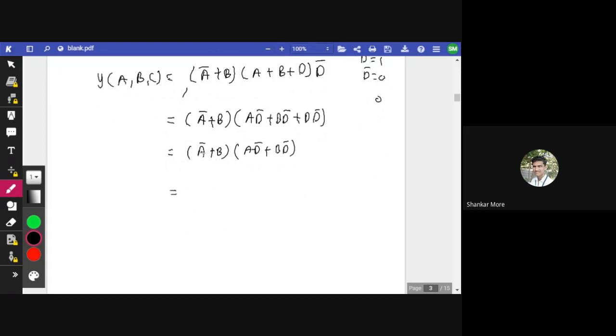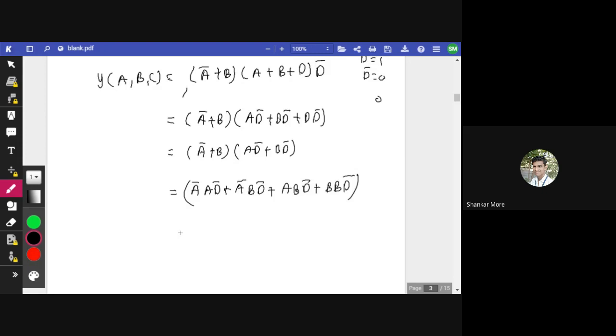So what we have, a bar into a d bar, so it becomes a bar a d bar, plus a bar b d bar. Then we have to multiply this b with this bracket. We have a b d bar, and lastly we have b b d bar, right? Anything else other than this?